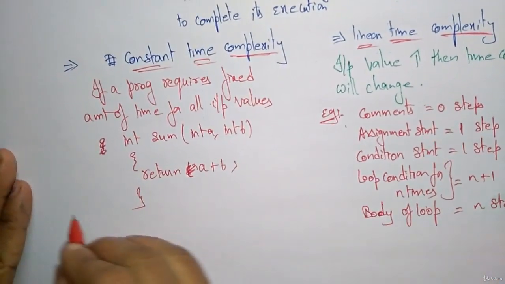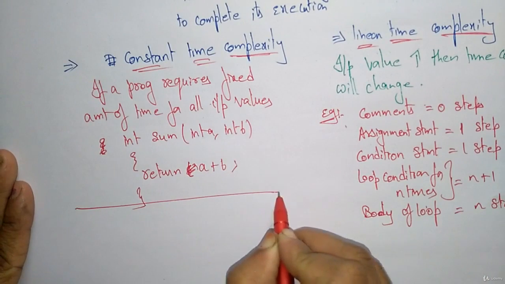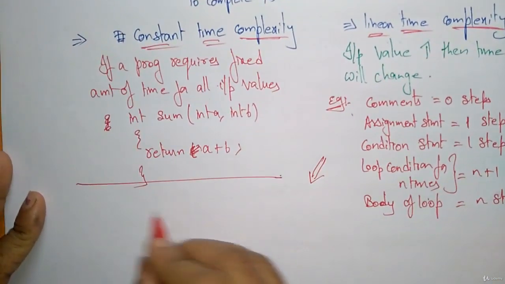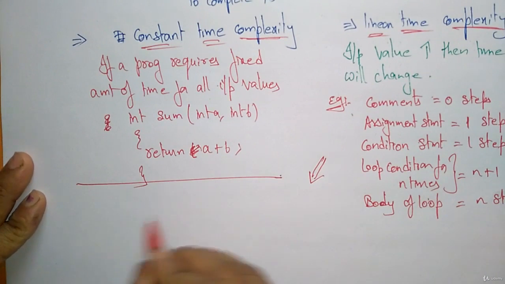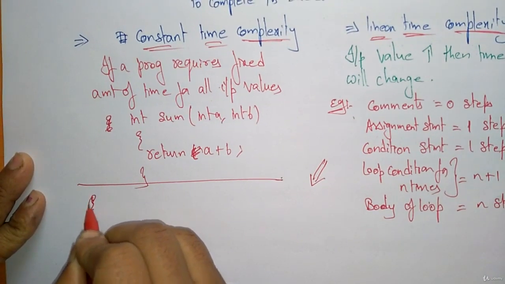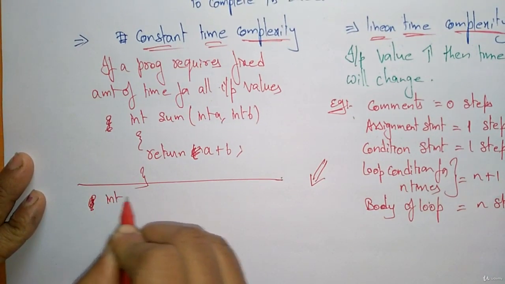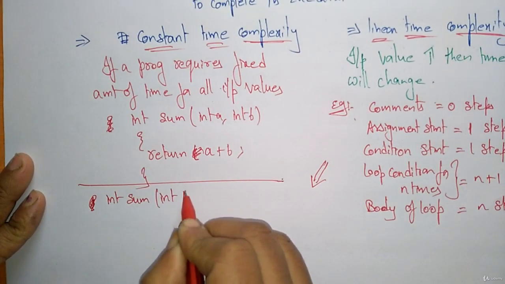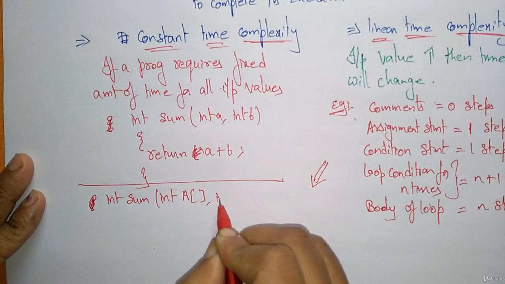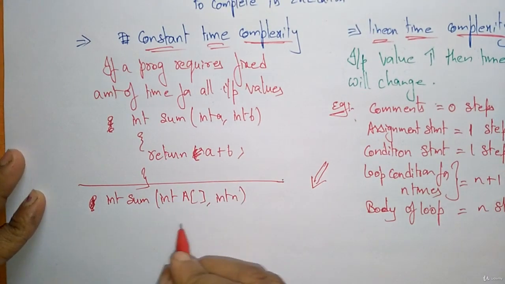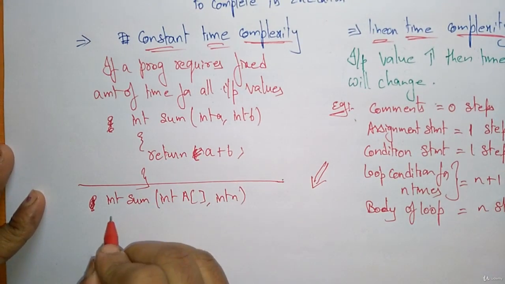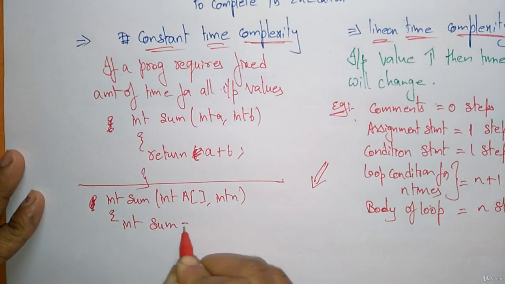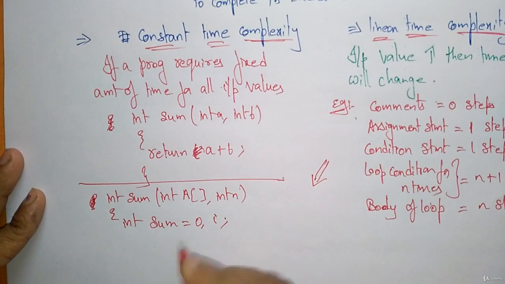Now take one example for this linear time complexity. Suppose int sum of int a, int n. Here a is an array variable and n is an integer. Int sum is equal to 0, comma i.